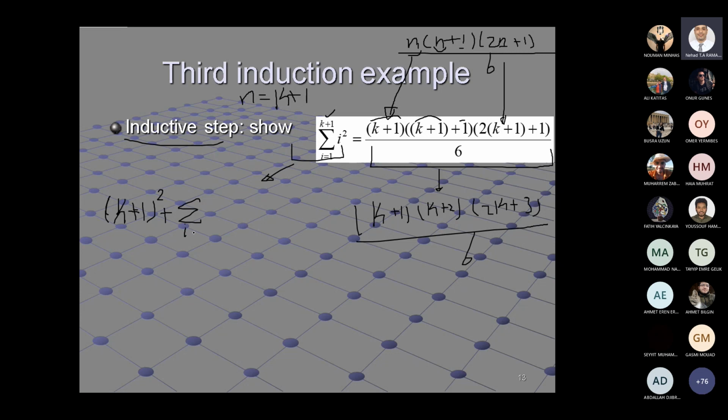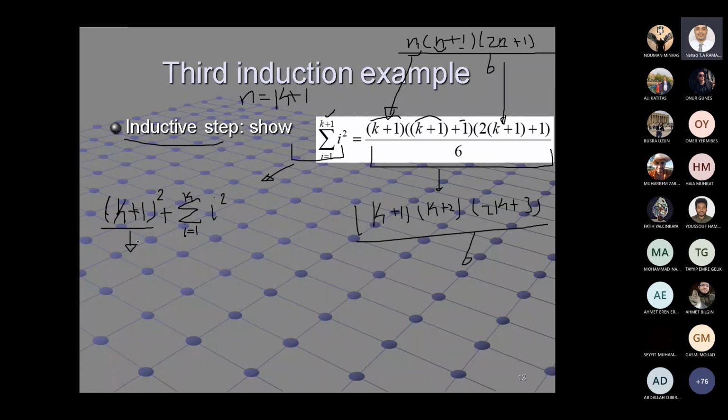From i equal 1 to k of i square. Okay, this one we can take as k plus 1 square.